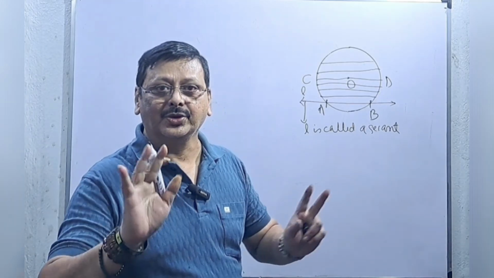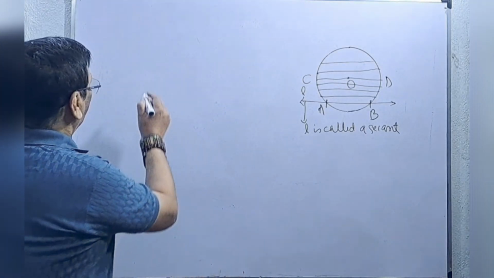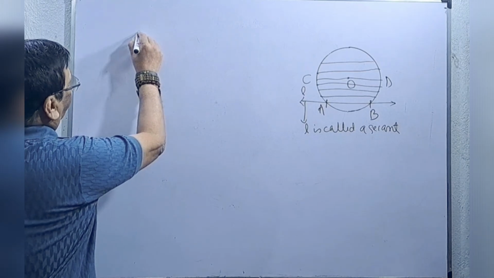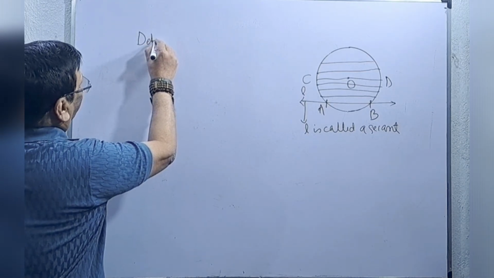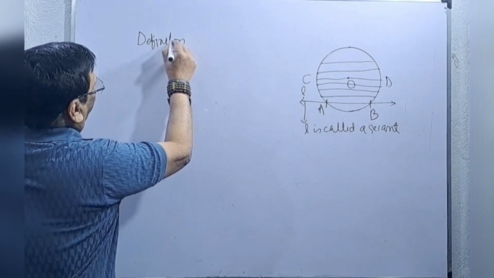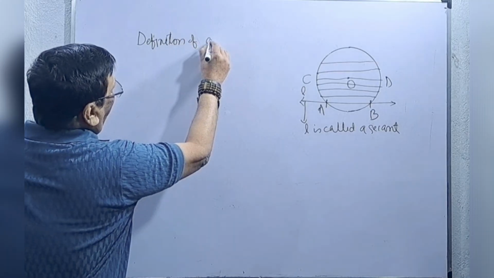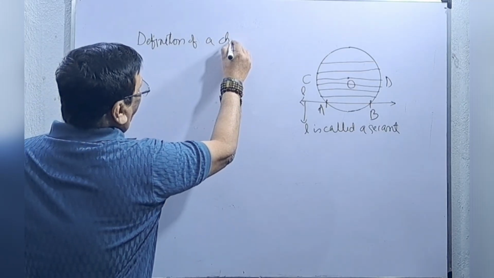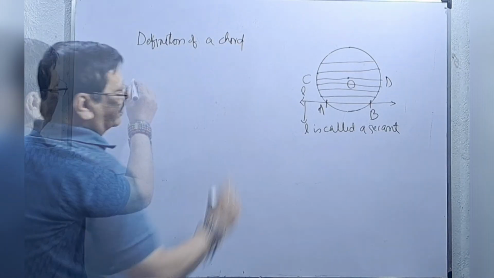So let us get the two definitions correct. Definition of a chord, correct? What is that?